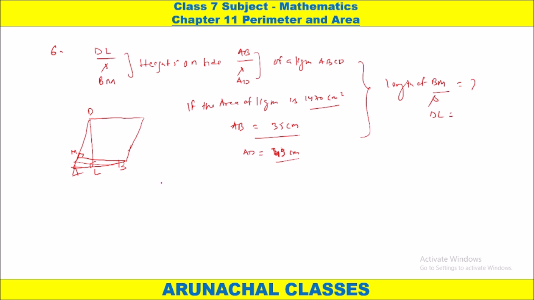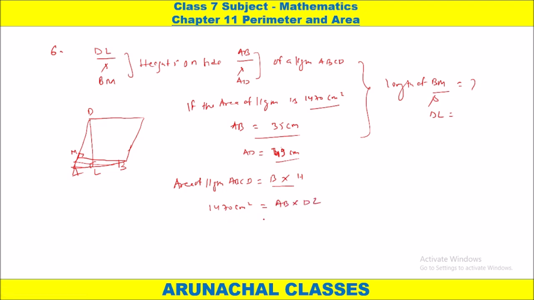Now let's solve this question. It is about area of parallelogram ABCD. So it is the base value multiplied with the altitude. Area of parallelogram is given as 1470 centimeter square. So here I am taking the base value as AB and height is DL.